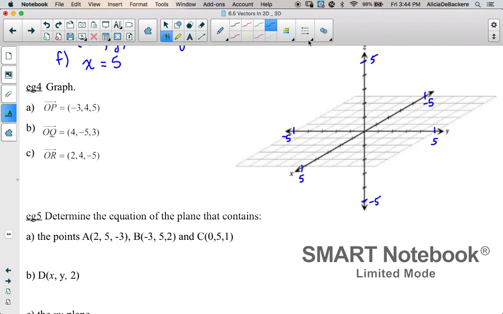For the first one, it says -3 along the x-axis, so that's -3 backwards. From there, I'm going to go 4 units horizontally, so 4 units to the right. And then from there, I'm going to go 5 units up. Remember, the 5 units has to be along the z-axis.